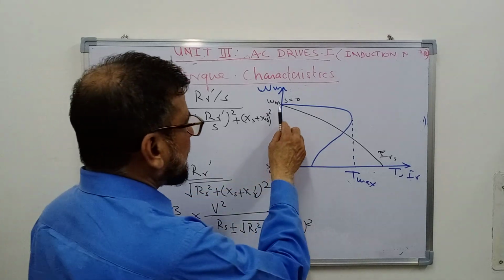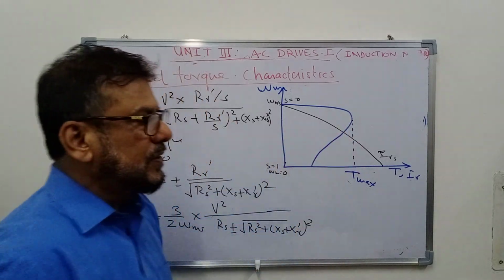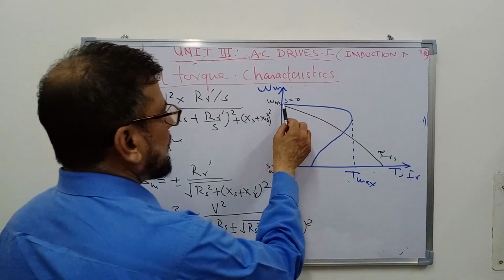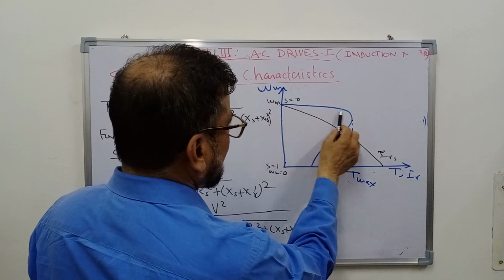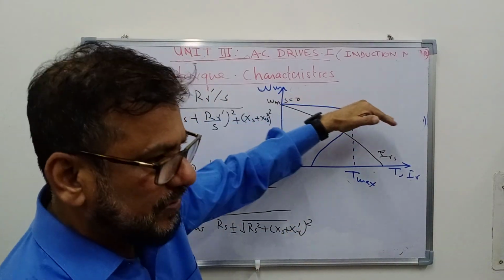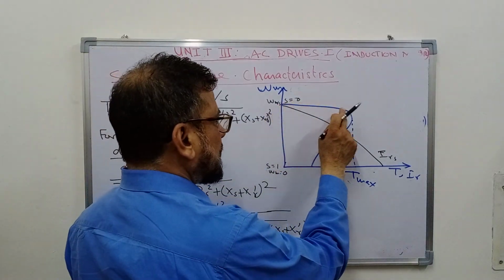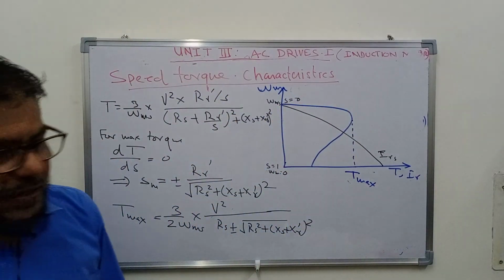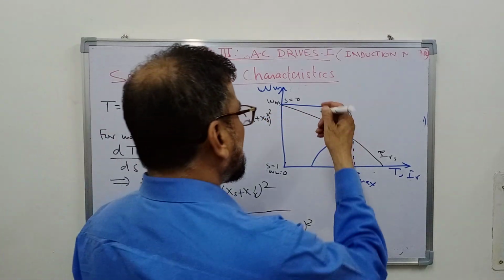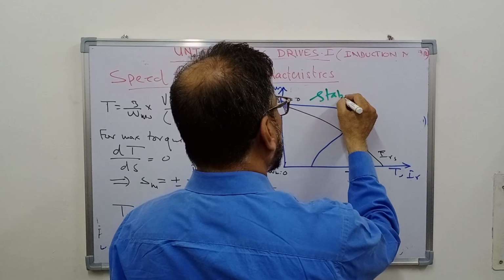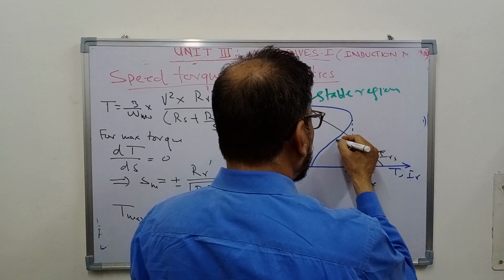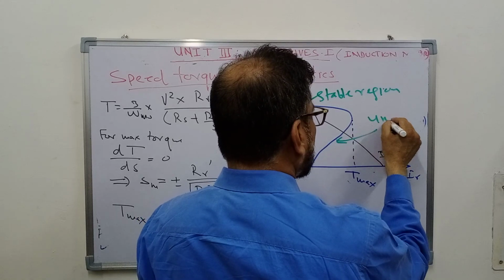As the speed decreases, or you can say the slip increases, the torque increases like this. Or you can say that as the torque increases, the speed of the motor decreases. This is a looping characteristic, and this region we call the stable region, and the other region we call the unstable region.